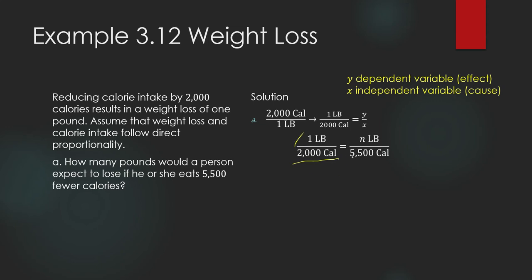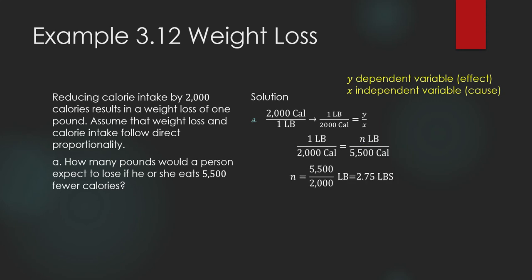That is equal to n pounds over 5,500 calories. We don't know n, but we are given the amount of calorie reduction, 5,500 calories. But because this is one about direct proportionality, a reduction of 5,500 calories will result in a proportionate decrease in weight. Let us now solve for n.